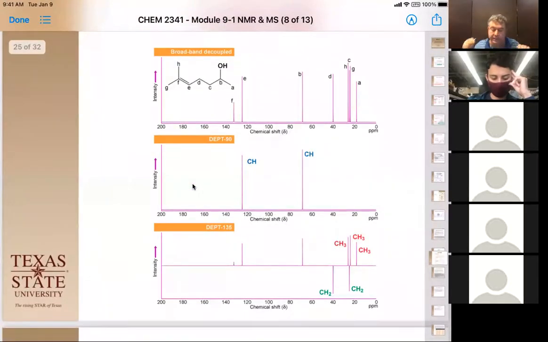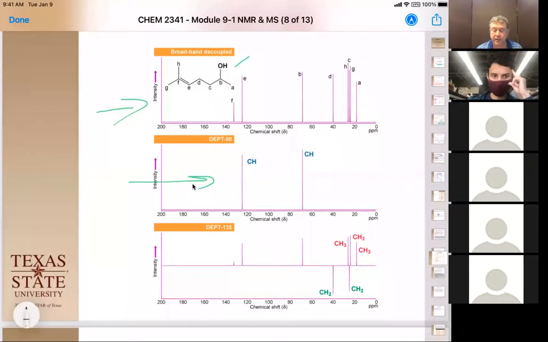What we can see on a DEPT experiment is this is just our regular carbon NMR, and we have 1, 2, 3, 4, 5, 6, 7 peaks right here. By doing the DEPT here, we can see which peaks only have CHs on them.